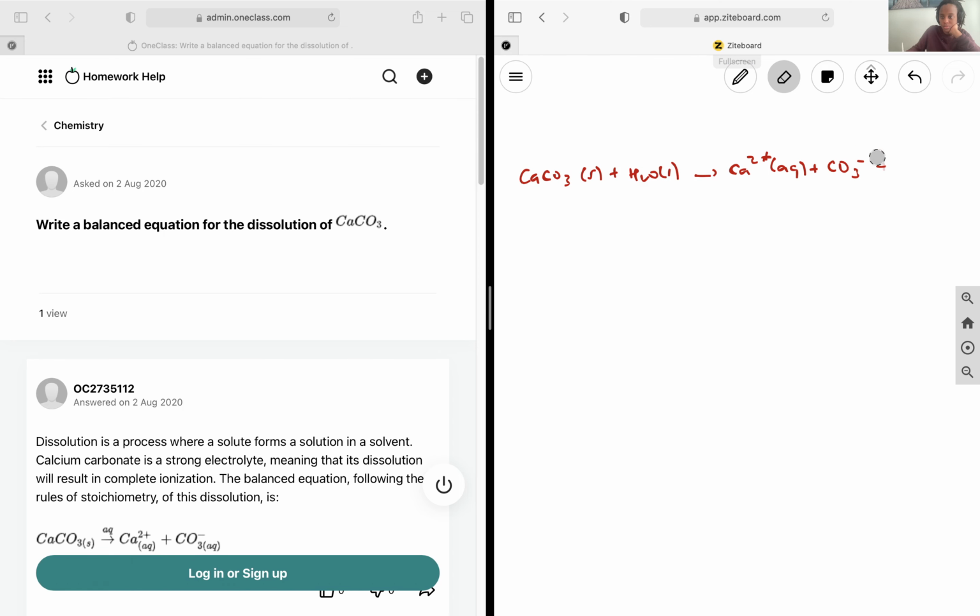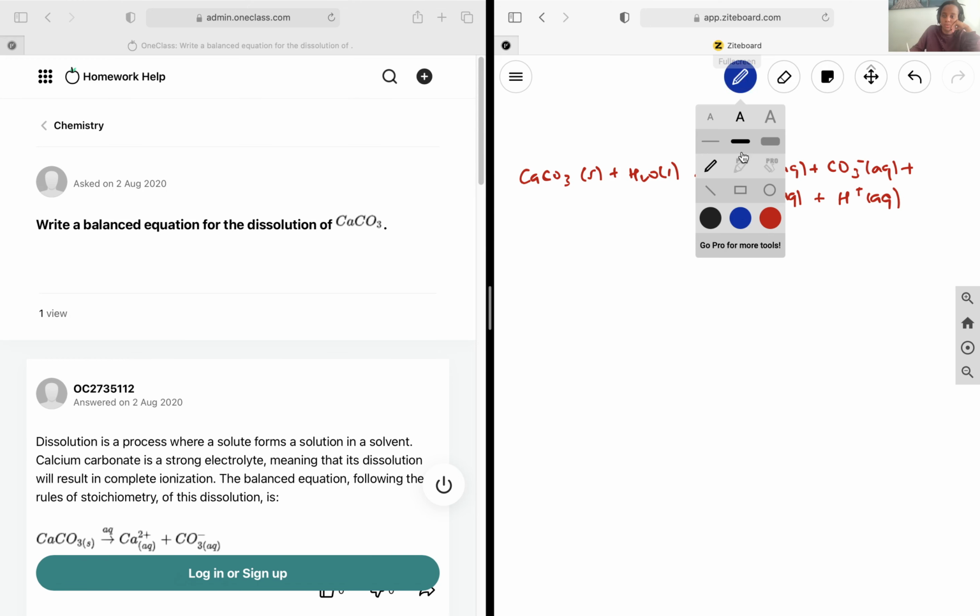So this is also aqueous. Plus we have the OH ions that will come from the water, plus the hydronium ions. So the hydrogen ions also coming from the water.